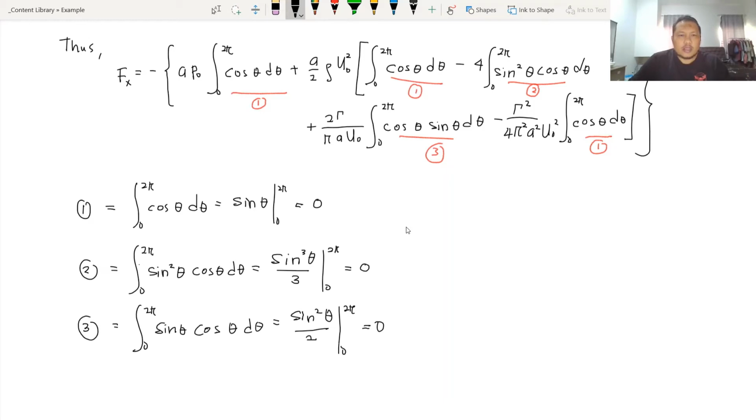So if you look at this, we can see that this term is equal to 0, this one equal to 0, this term also equal to 0, this part also equal to 0, and this one also equal to 0.